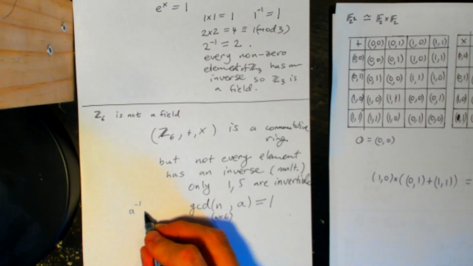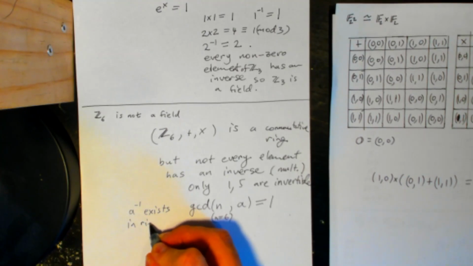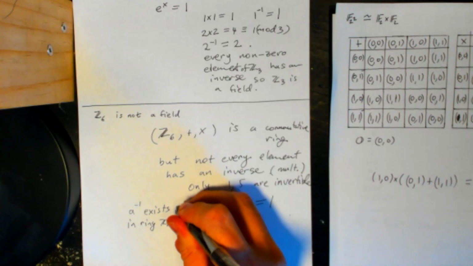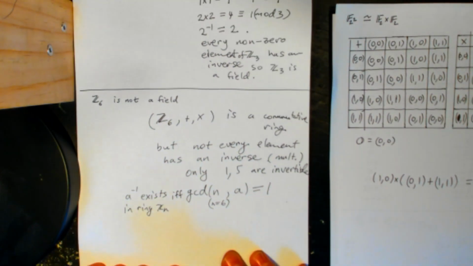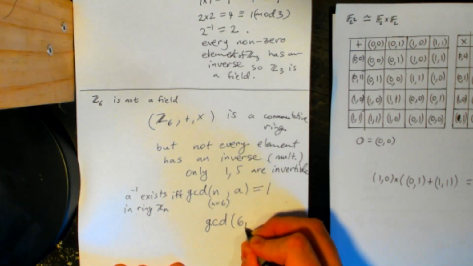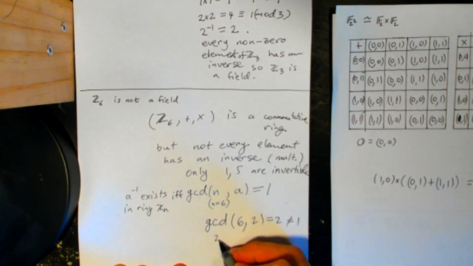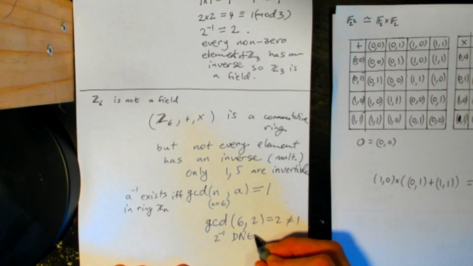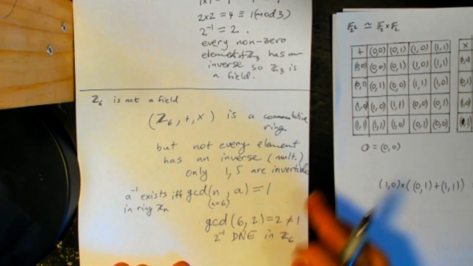So a inverse exists in the ring integers mod n if and only if the GCD of n and a is equal to 1, right? So since, for example, the GCD of 6 and 2 is 2, that's not equal to 1, so 2 inverse does not exist in this structure. So 2 is not invertible.